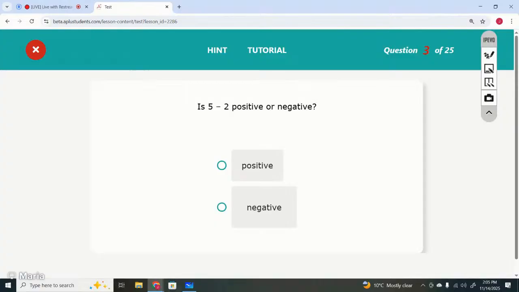Is 5 minus 2 positive or negative? Positive it is, right? Subtracting a smaller number out of the greater one, the answer is always positive.